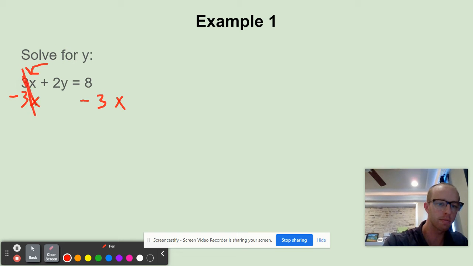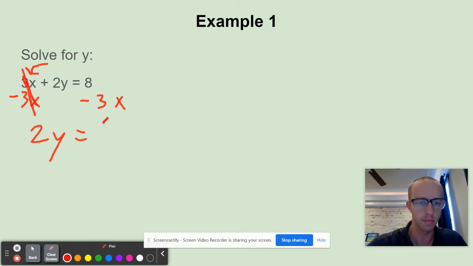These will cancel out, and so on this side, I only have 2y equals. Over here, I have 8 minus 3x. I can't subtract 3x from 8. They're not like terms, so I can just rewrite this as 8 minus 3x.